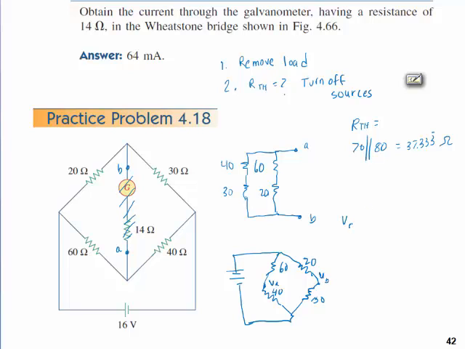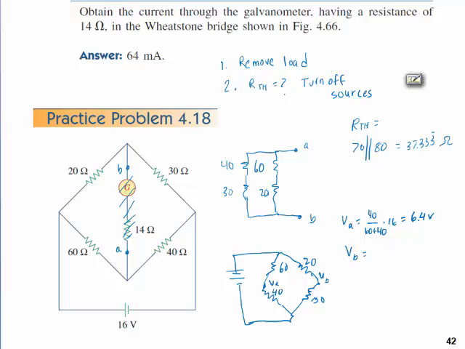So if I do that, VA is 40 over 60 plus 40 times 16 volts. Correct? Yes. Which I calculate out to be 6.4 volts.